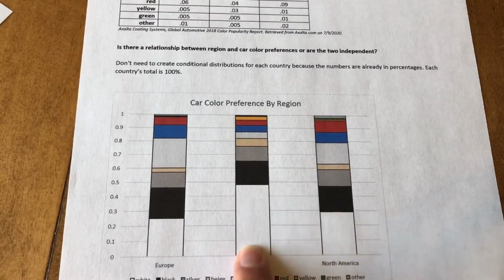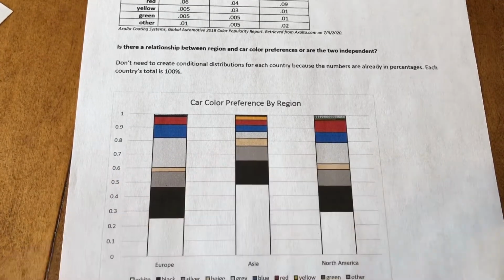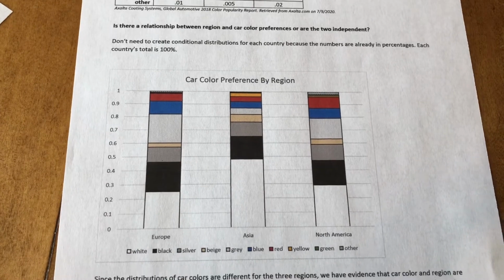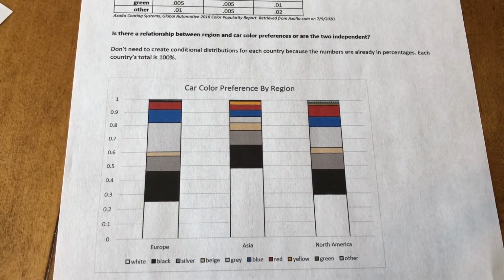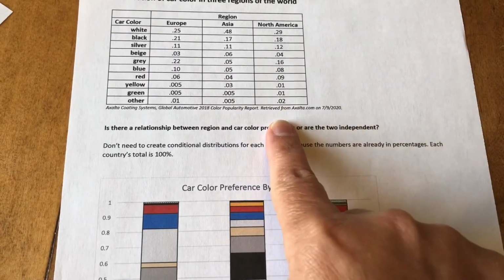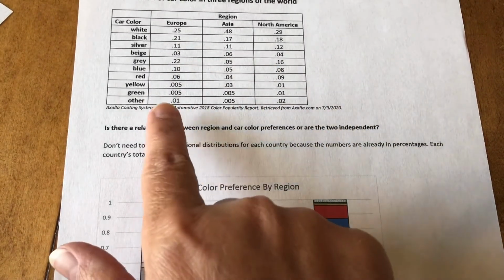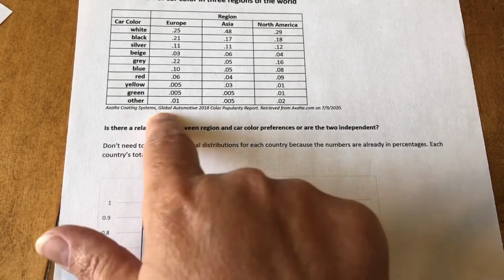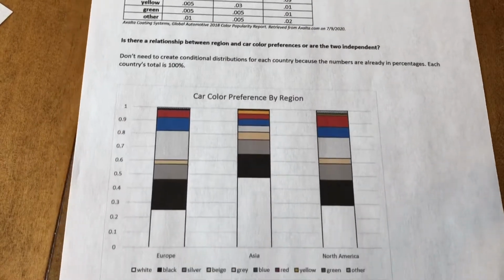So here's my 48% of white cars in Asia, 17% of black, 11% of silver, and so forth. Okay. All right. From this segmented bar graph, real quick, I can't do a mosaic here because I don't have counts. These are already percentages and decimals, so I really don't know how many cars they counted in Europe or Asia or North America, so I can't do a mosaic. So I have to just do the segmented bar graph.